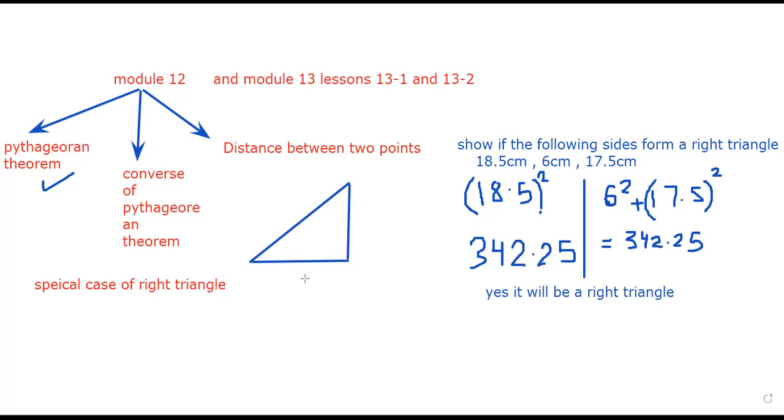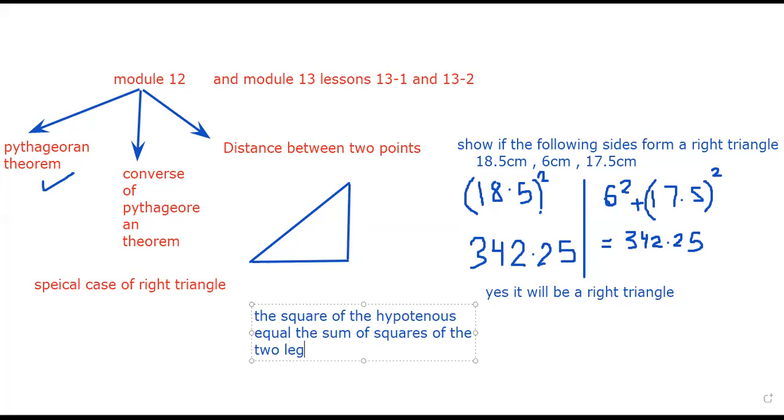The square of the hypotenuse equals the sum of squares of the two legs.